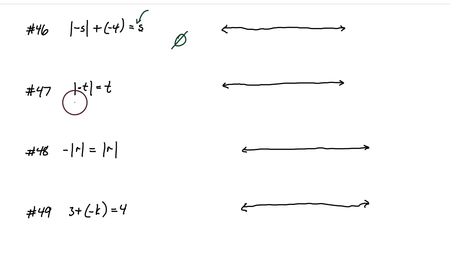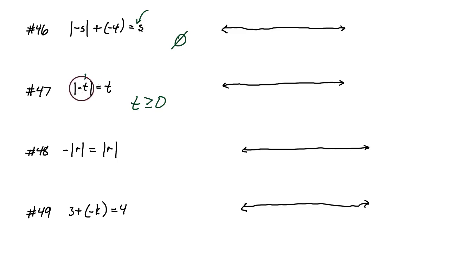Now number 47. This time the answer is t is greater than or equal to 0. Let's check that by substitution. If t was 0, then -0 is 0, and the absolute value of 0 is 0. 0 equals 0. If t is a positive number such as 1, then inside the bars we have -1.